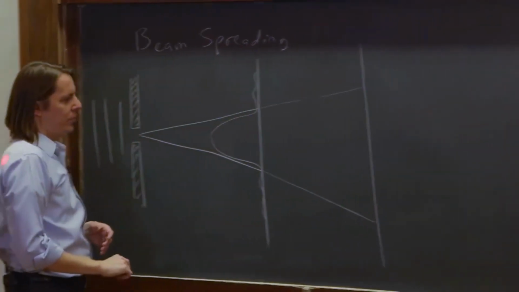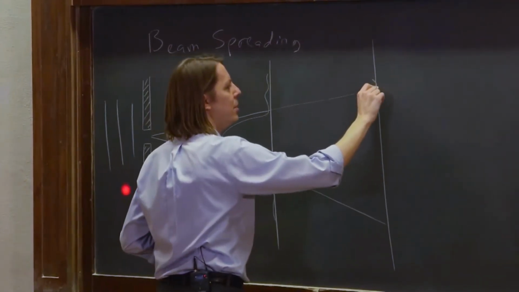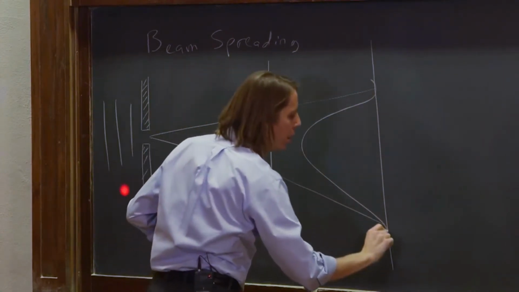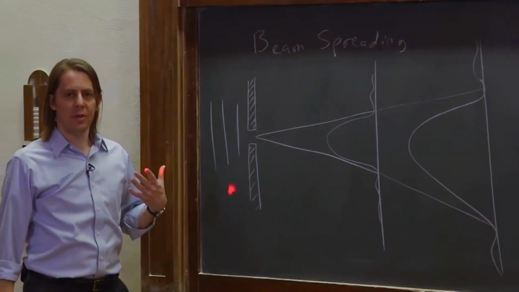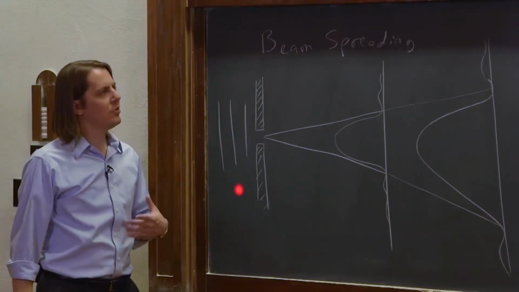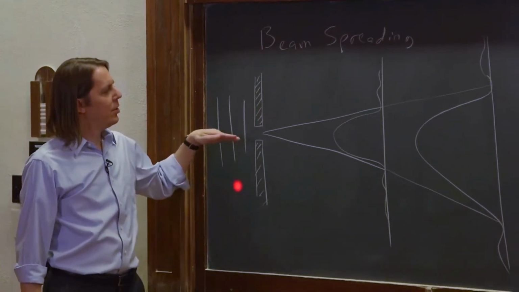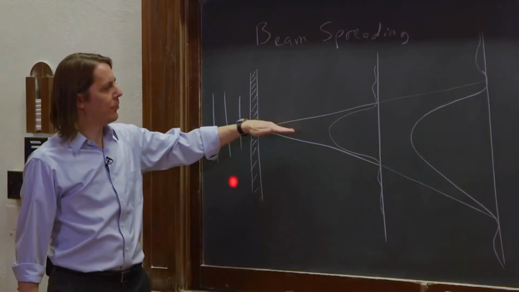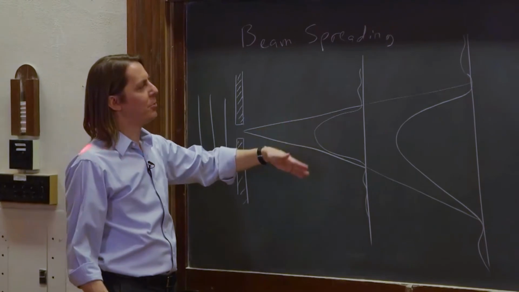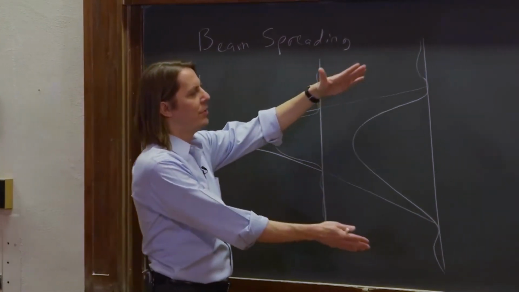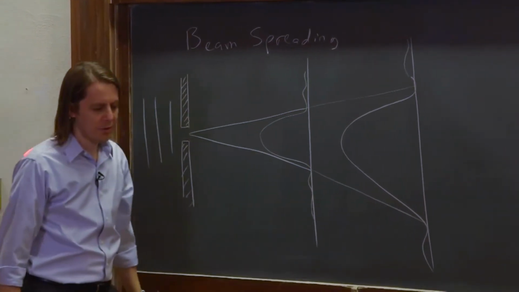If we plot those along straight lines, that's where the minima would be. And we know that's true because of the expression that we wrote. It was sinc squared of beta, and beta was proportional to sine theta, and for small angles, sine theta is proportional to theta, and theta is proportional to the height. So as you go further out, it spreads out.